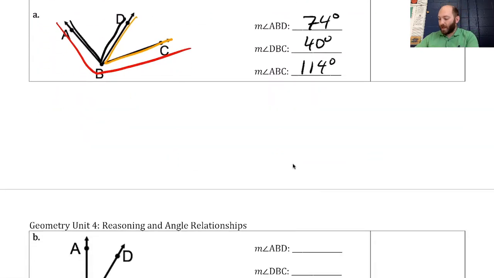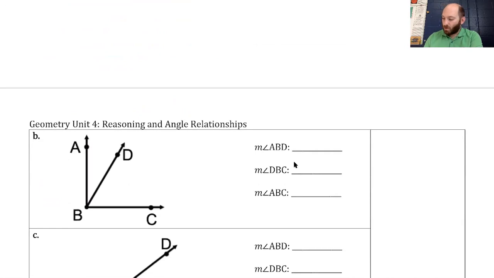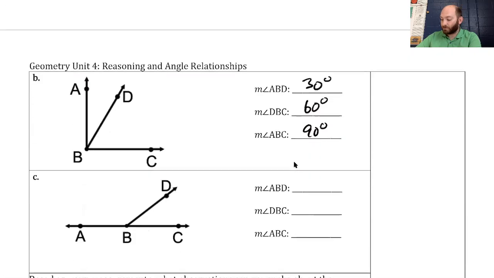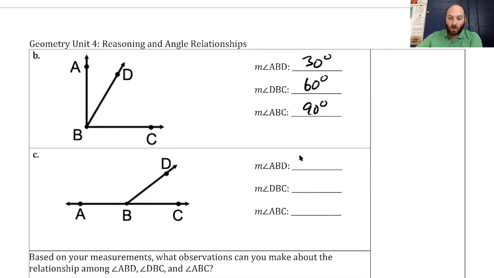Then we look at this one. ABD comes out as about 30 degrees, DBC about 60 degrees, and ABC comes out as 90 degrees, the whole thing. The last one: DBC is about 50 degrees, ABD is about 130 degrees, sorry, I had that backwards, and then ABC comes out to 180.